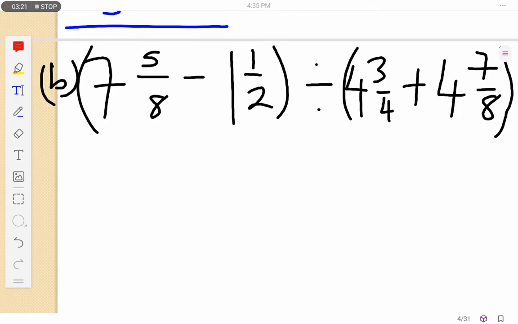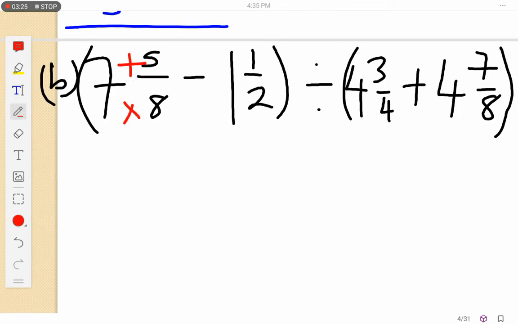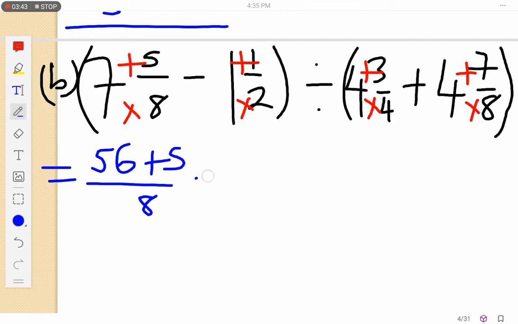Okay, this one we are solving again. We do the same. We multiply on the bottom, add on the top, multiply, add, multiply, add. Okay, so let's do that. If we do that, we will have 8 times 7, we get 56. So I've got 56 plus 5 over 8 minus 2 times 1, 2 plus 1 over 2 there.